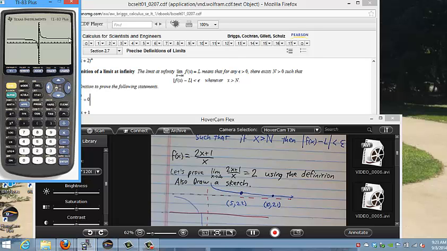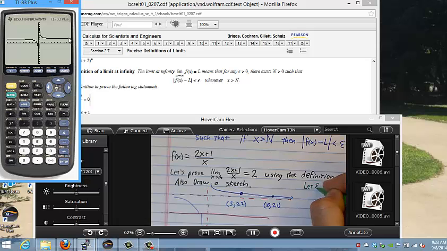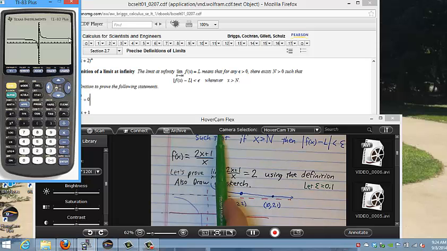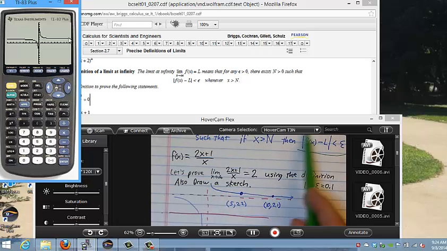I'm going to pick a small value for epsilon. Okay? So let's let epsilon equal 0.1. Is it true that there exists a number so that if x is bigger than the number, I have this happen?